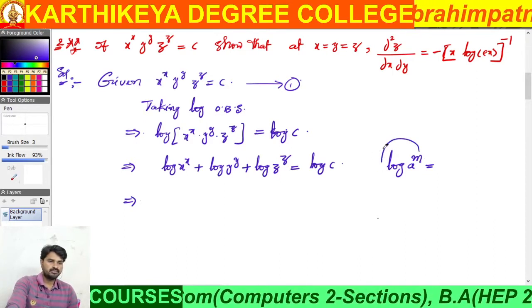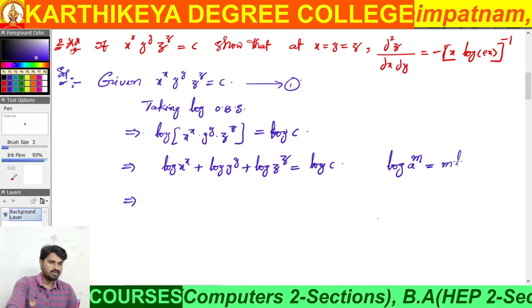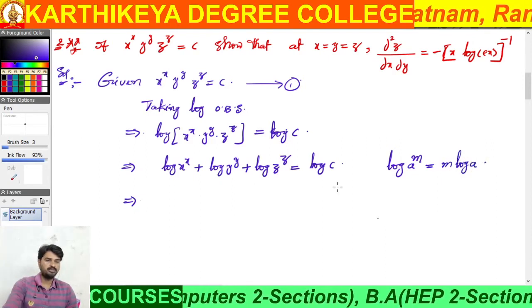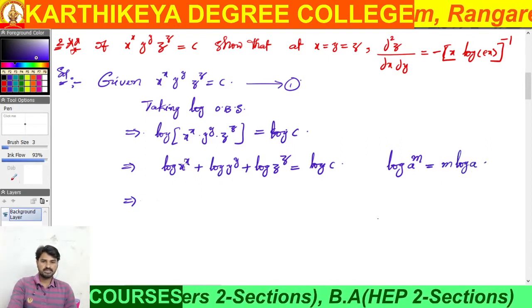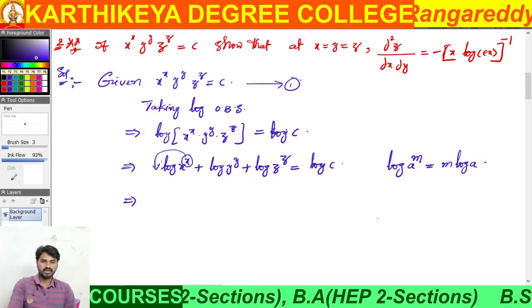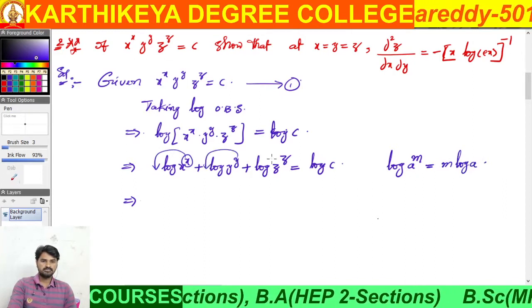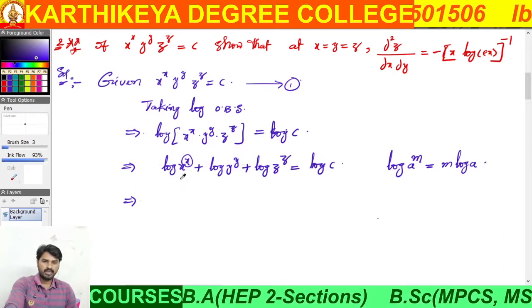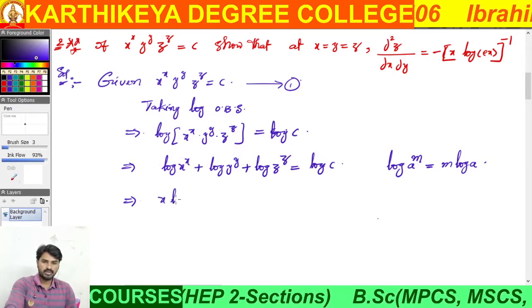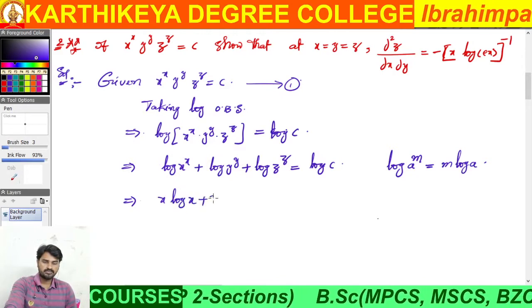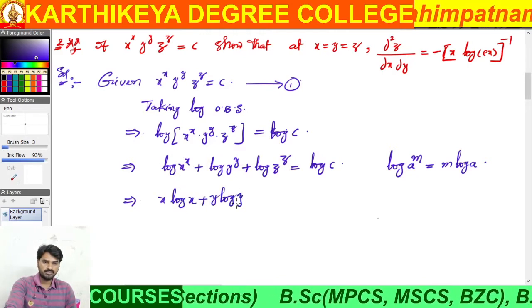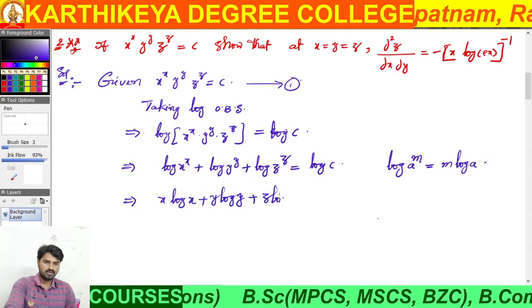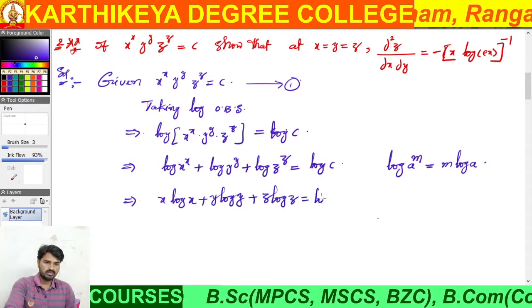That means we can write this as m into log a. Okay, so in the same process, the power comes to the front here, here also, here also. Now we can write simply x into log x plus y into log y plus z into log z is equal to log c.